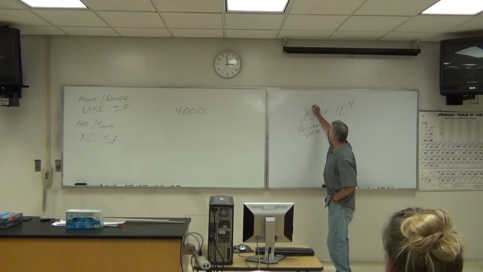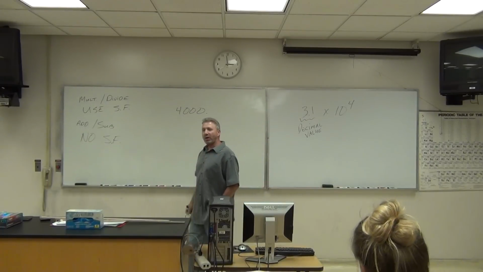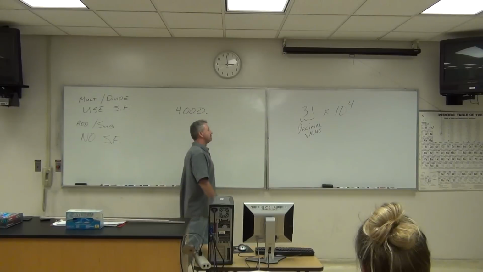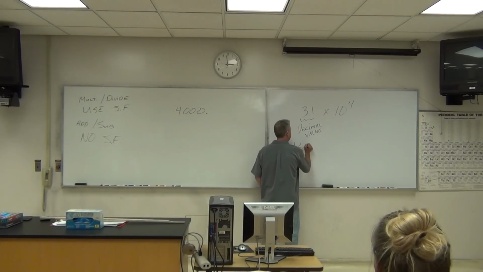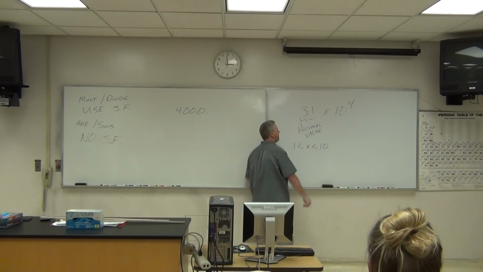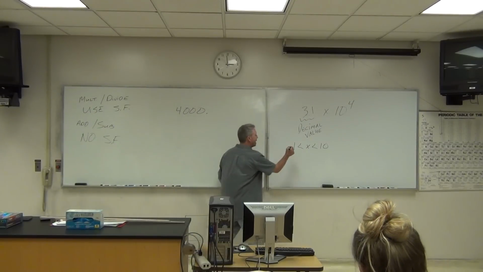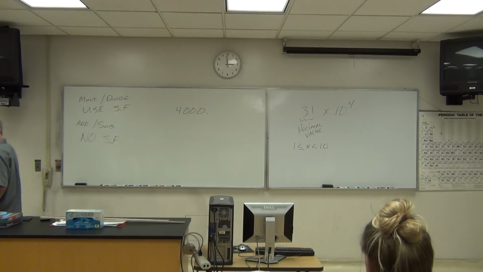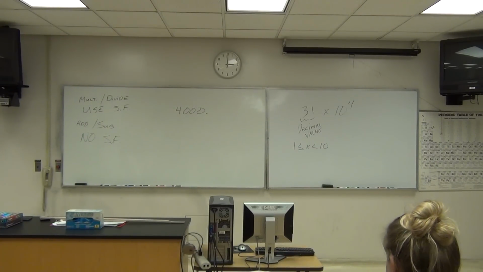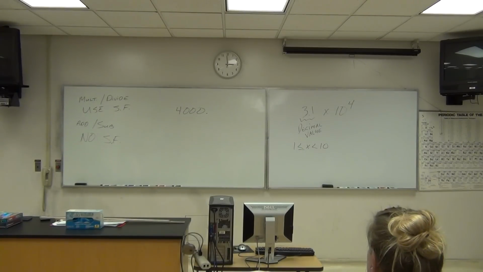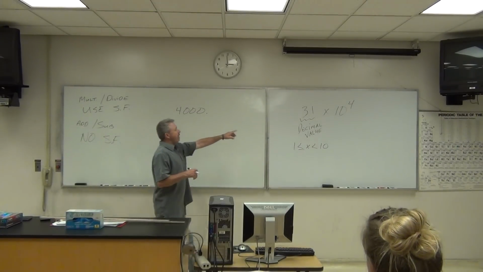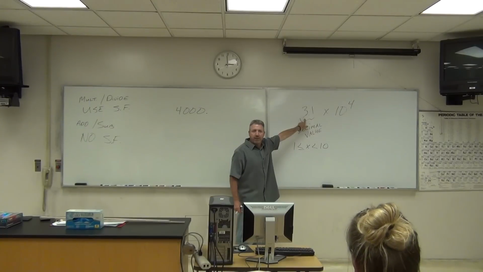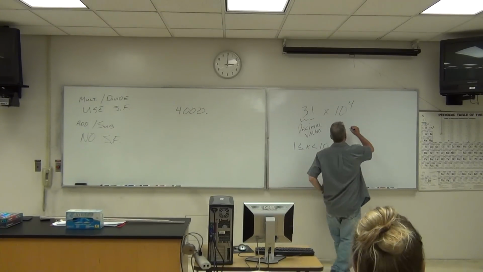We have to have a number that's greater than 1, but less than 10. This number has to be greater than 1, but less than 10. It could actually be equal to 1, greater than or equal to 1, but it has to be less than 10. In other words, you can only have one decimal place to the left of your decimal. Only one. Okay? The second is you have to have a base 10.